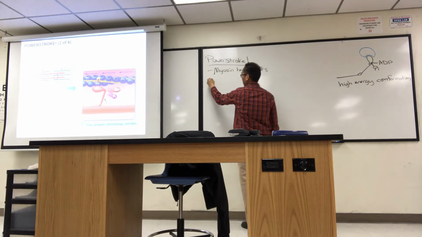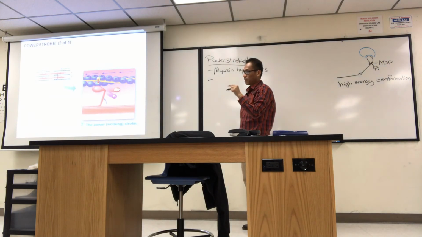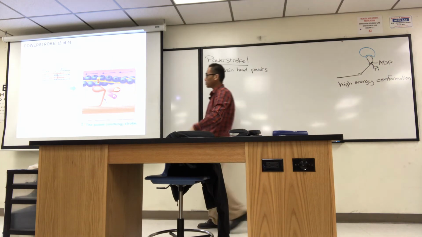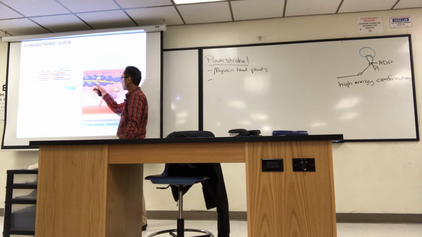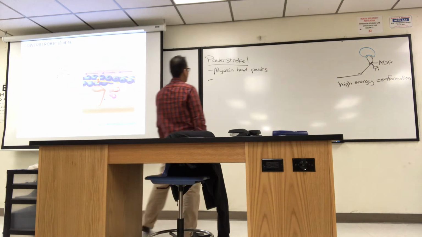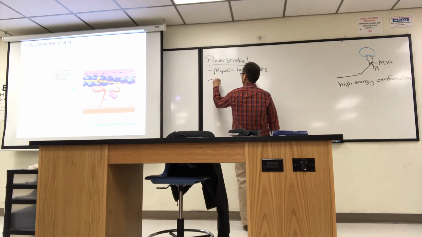So by doing that, it's pulling the actin past itself. So the myosin pulls actin past the stationary myosin. So that's what a power stroke is.